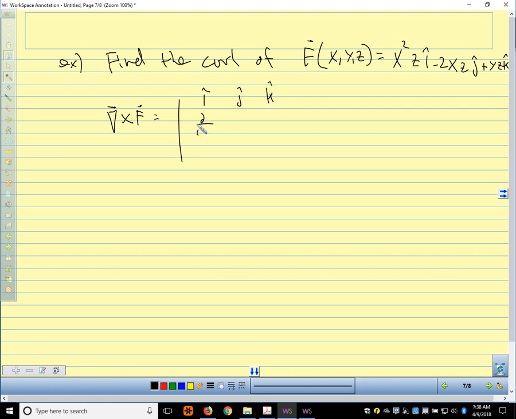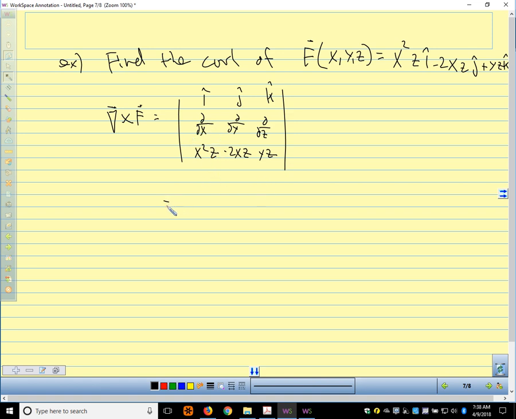Take the partial with respect to x, partial with respect to y, partial with respect to z of x squared z, minus 2xz, and yz. And we're going to just perform this operation.